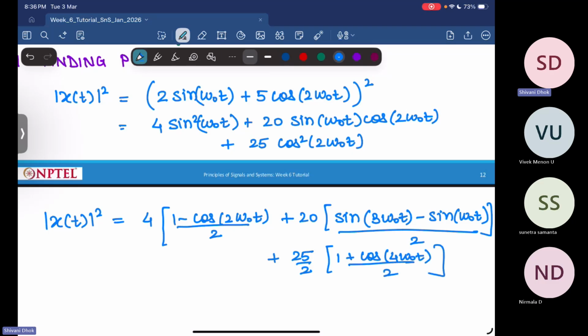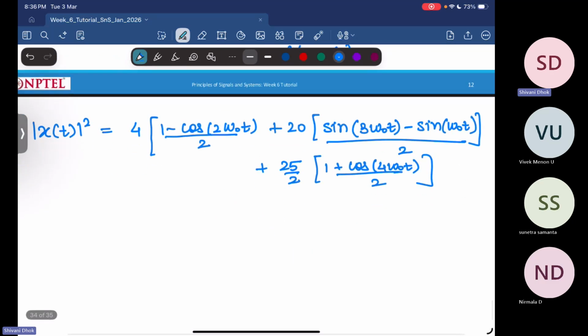So this gets cancelled, this becomes 10, there is no 2 here.